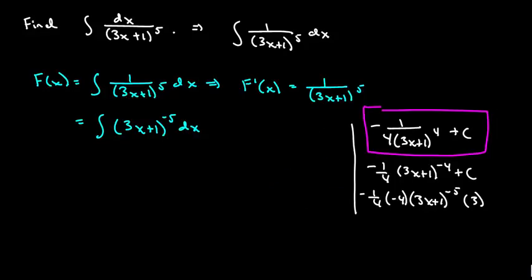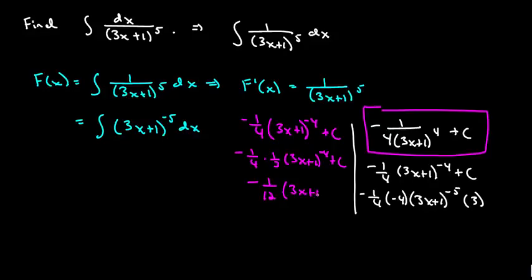Instead of using that guy, let's use this guy. And now this was the same as this, but since we're going to get 3 times as much, let's divide this thing by 3. So we'll go like this. Okay, so this would be -1/12, 3x plus 1 to the -4th plus c.